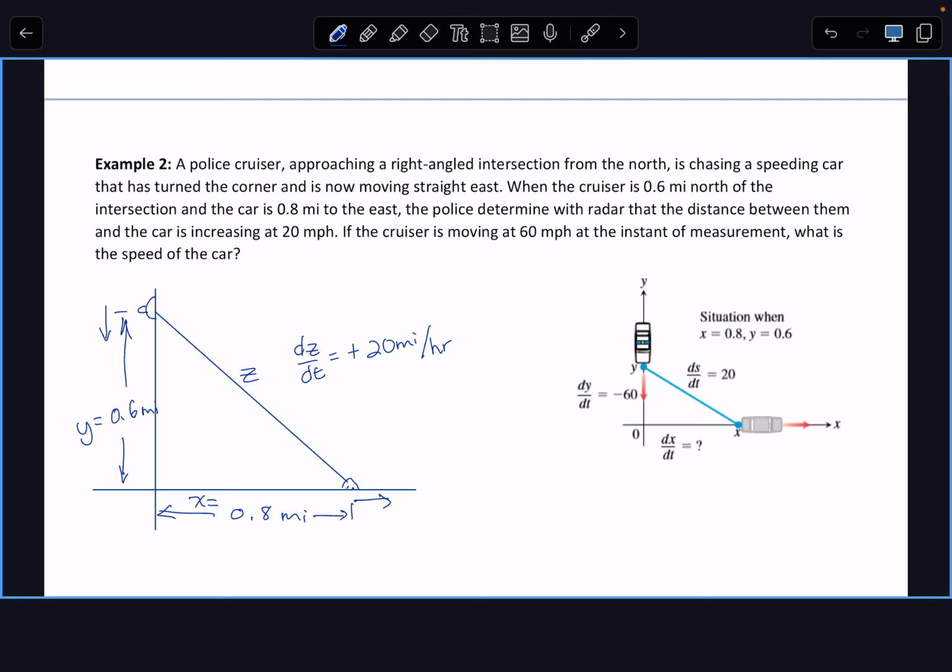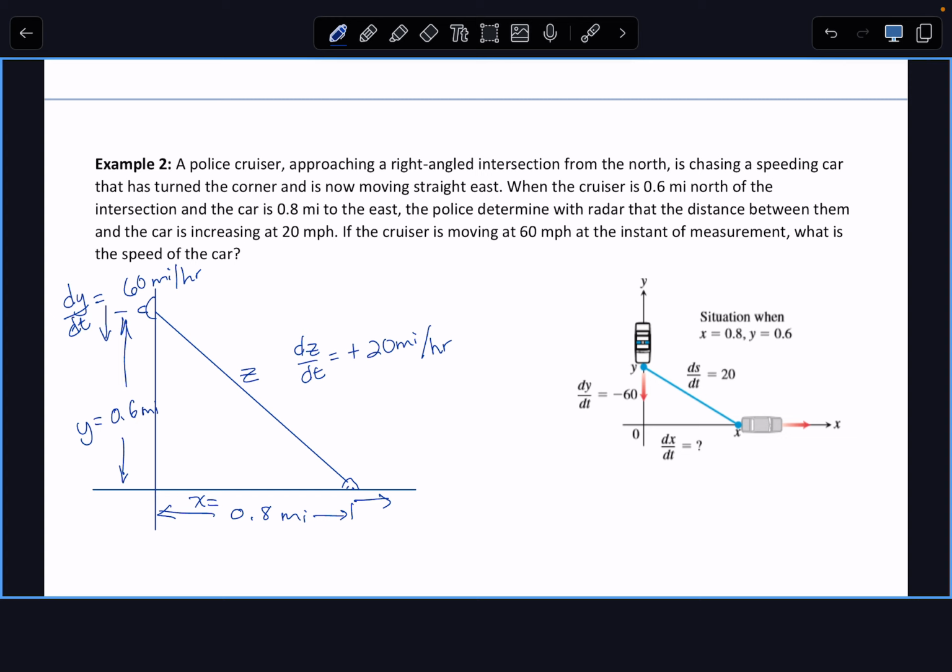Let's see, what else do I know? If the cruiser is moving at 60 miles per hour at the instant of measurement, what's the speed of the car? So I know that dy/dt, that's the police car, right, is 60 miles per hour. Now what's happening to y? Is it getting bigger or shorter? Shorter. So because it's shrinking, that means that my instantaneous rate of change is negative, right?